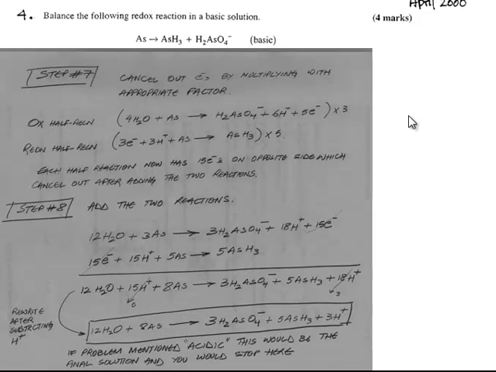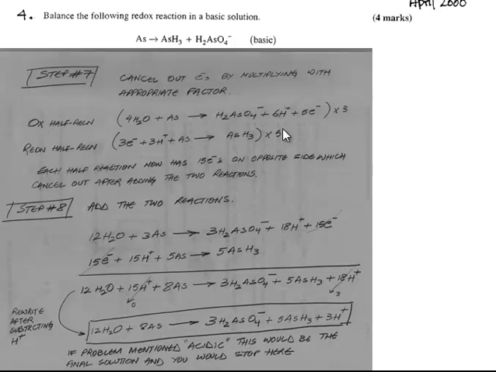Now that we introduced the electrons, step 7 is we cancel out the electrons that we introduced by multiplying with an appropriate factor. In the oxidation half reaction, there were 5 electrons on the right hand side, and in the reduction half reaction, there were 3 electrons on the left hand side.